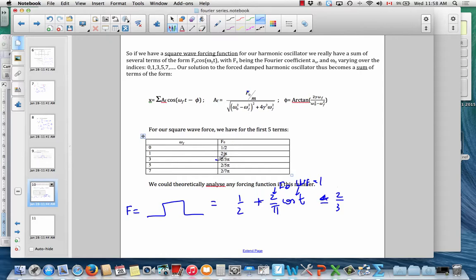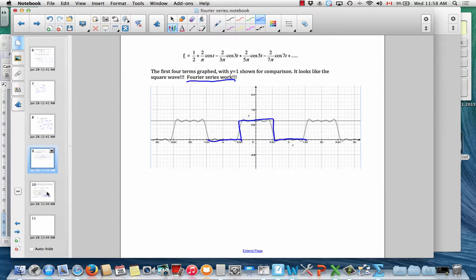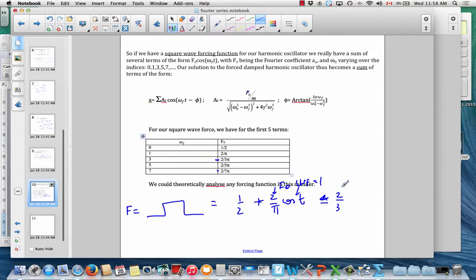So this should be negative here for the 3 and negative for the 7. Yeah. So then the F naught's minus 2/3, and this was cosine 3t, so the omega forced was 3 in that case. So any forcing function can be written as a sum of cosine terms, and therefore for your solution, you could just sum up the solution like we had earlier. And that's useful. That means that what we did last time was general.